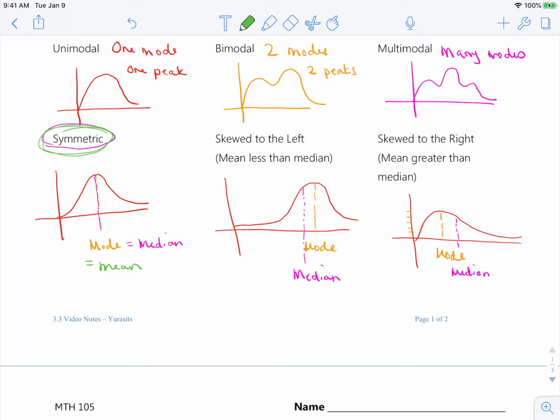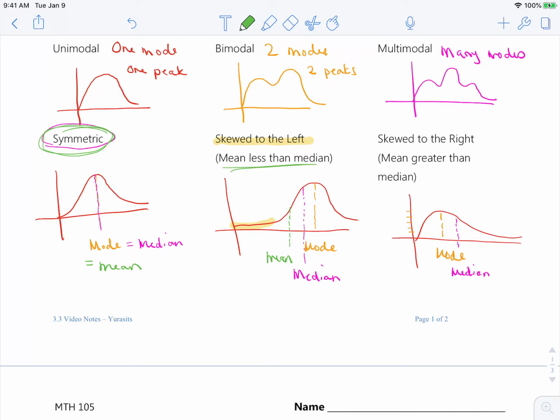Whereas for your skewed to the left, this tail down here, this guy, he's messing up my average. He's pulling my average down, actually. So that's why, totally eyeballing, this is where your mean would be, because this tail is bringing it down.